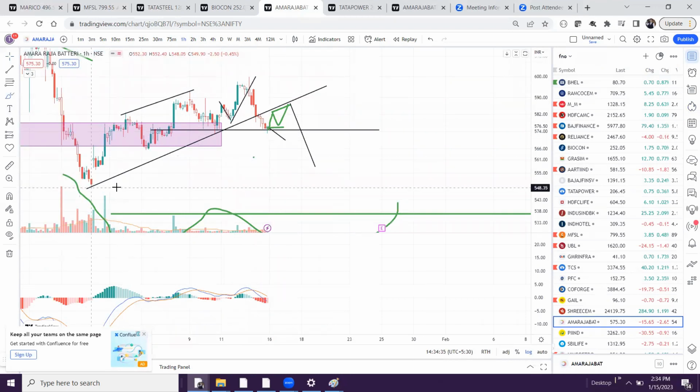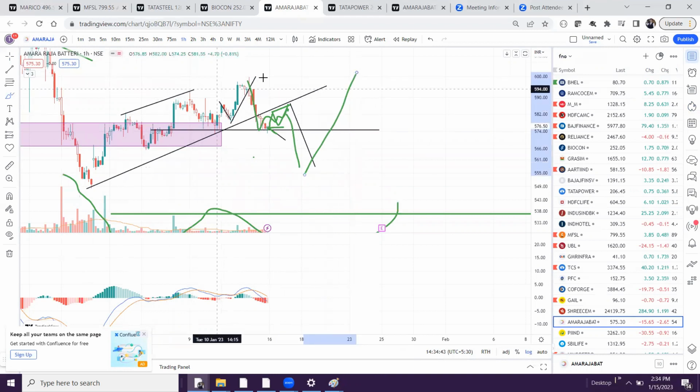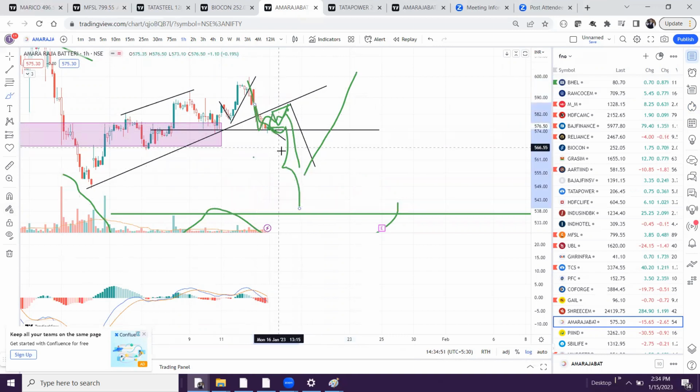It can break this also, or it can give an impulse, correction and impulse for one more upside to complete a bigger structure, or it can come like this also to break this. At this moment, that part is not clear, but what is clear is that this wave is over, this mono wave is over, and now another structure has begun.